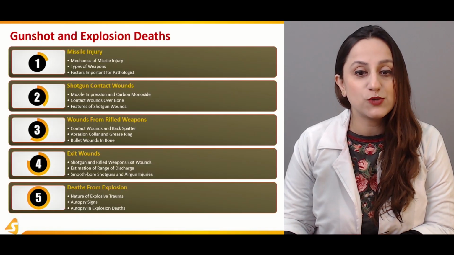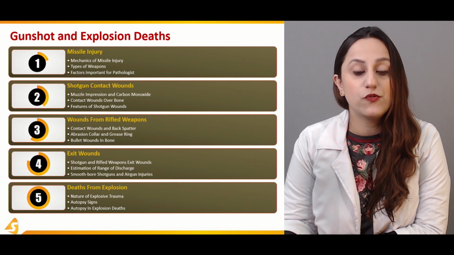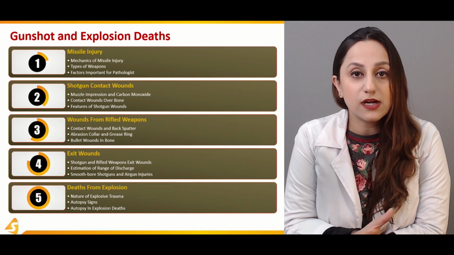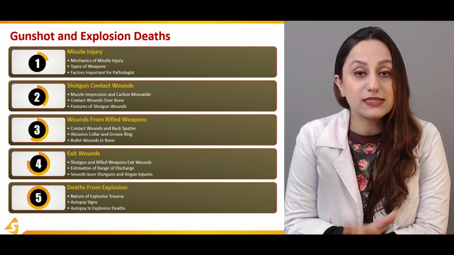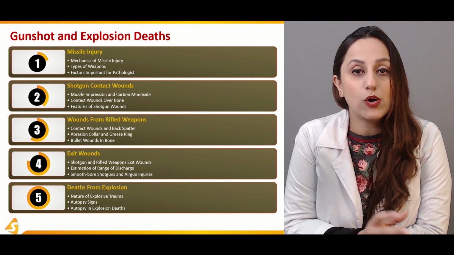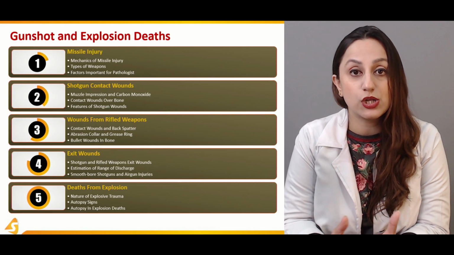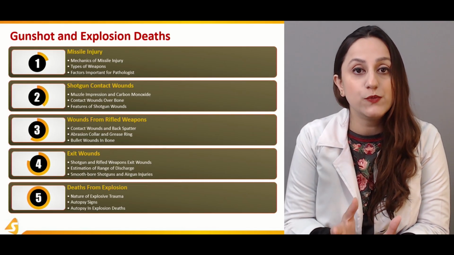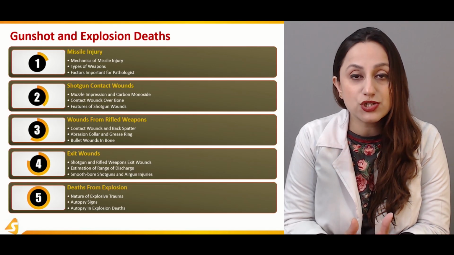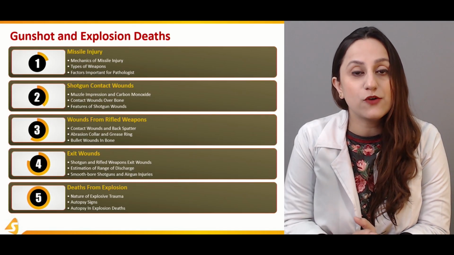In the first section, we'll be discussing the muzzle injury in particular. First of all, we'll be discussing the mechanics of muzzle injury, what tissue damage can occur after the impact of the projectile on a human body, and its entrance can cause a lot of damage. Now, what kinds of wounds can occur in such an individual, and what are the complications relating to these muzzle injuries? We'll also be discussing the types of weapons.